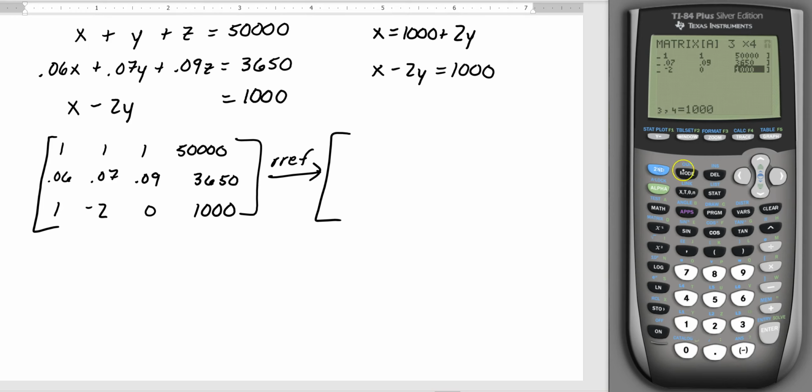Excellent. And second matrix, go over to math. We're going to RREF it. Second matrix A, close parentheses.